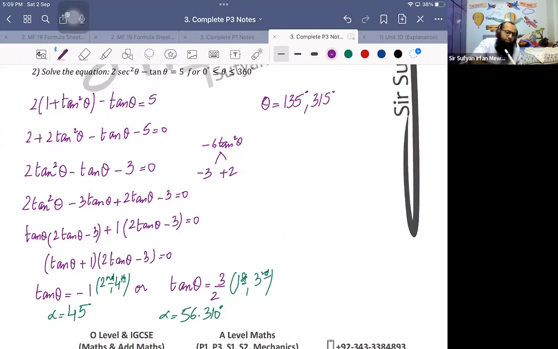Then from the second possibility, we get the first and third quadrants. In the first quadrant it is the basic angle, which is 56.3 degrees. In the third quadrant, it is 180 plus 56.3 degrees, which I wrote as 263.3 degrees.